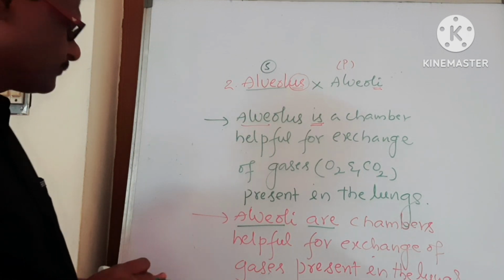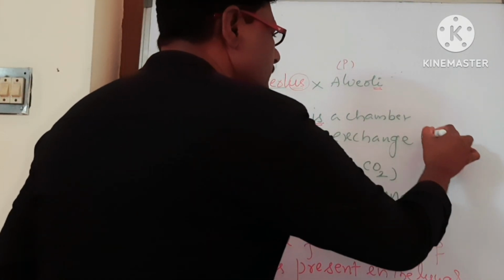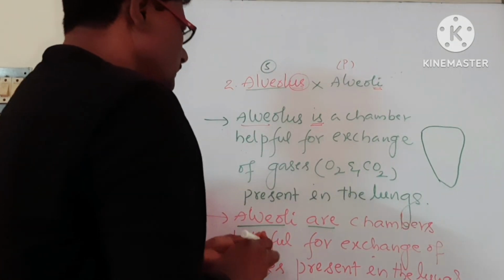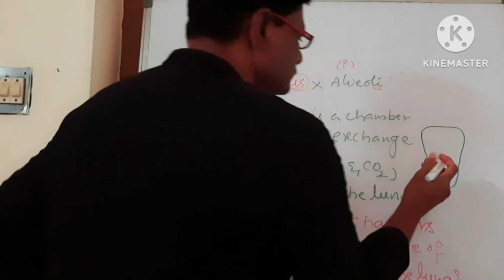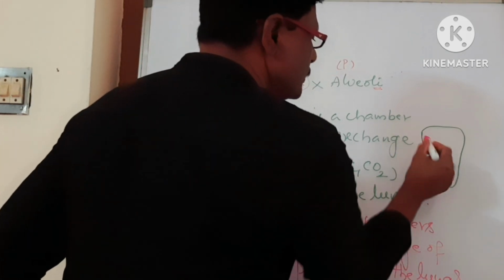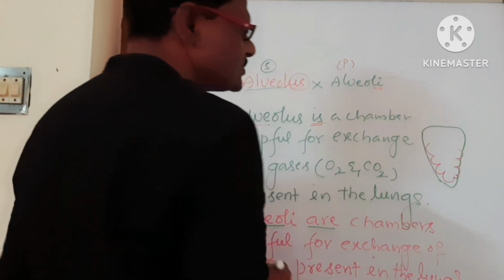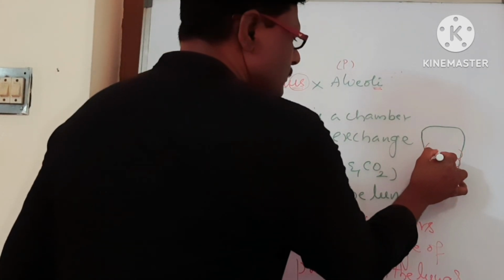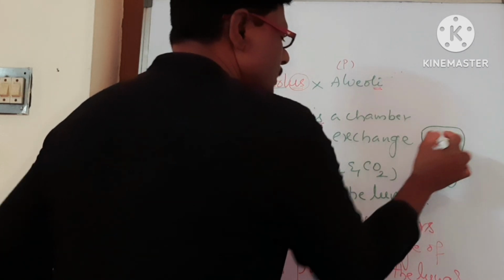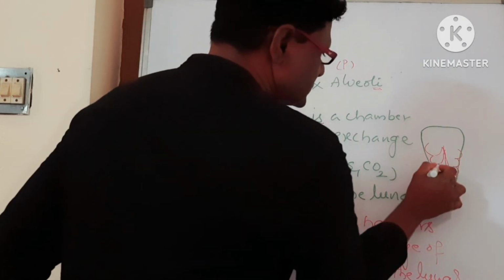In each lung, we observe small compartments called alveoli. These are connected to alveolar ducts. Alveoli are also known as alveolar sacs.